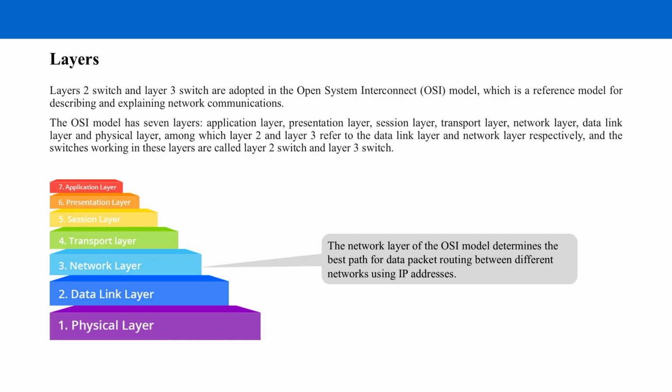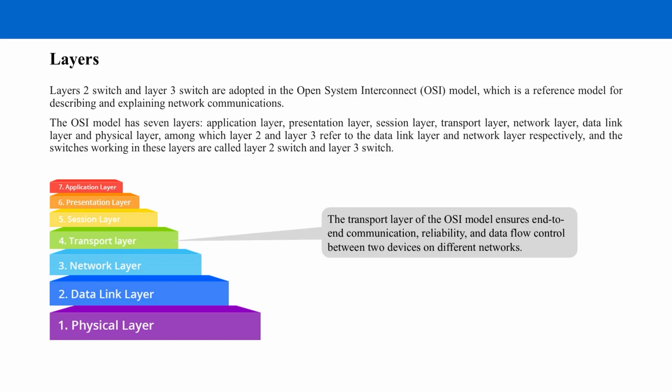The third layer is the network layer. In this layer, we start to focus on the data transferred between networks, and here we mainly use IP addresses. So the keywords are between the networks, also IP addresses.